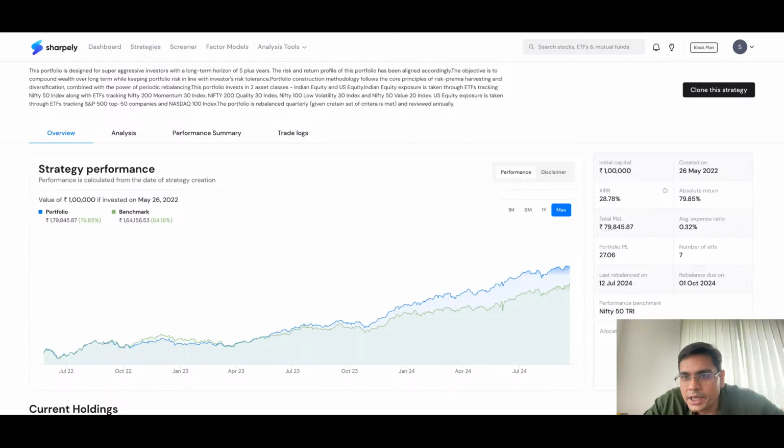NSE doesn't provide that data for free, and it's very expensive. So right now what we do is we proxy an ETF or an index fund for rebalancing, for constituent weights of individual indices. So we'll try to include any index for which we have a corresponding index fund or ETF, so that we can track the constituents as well.